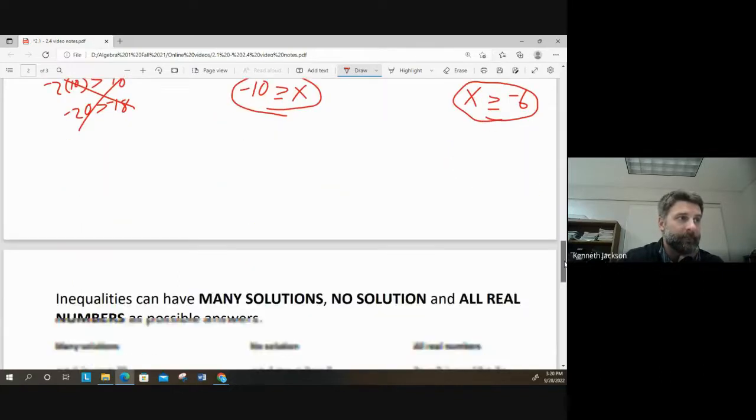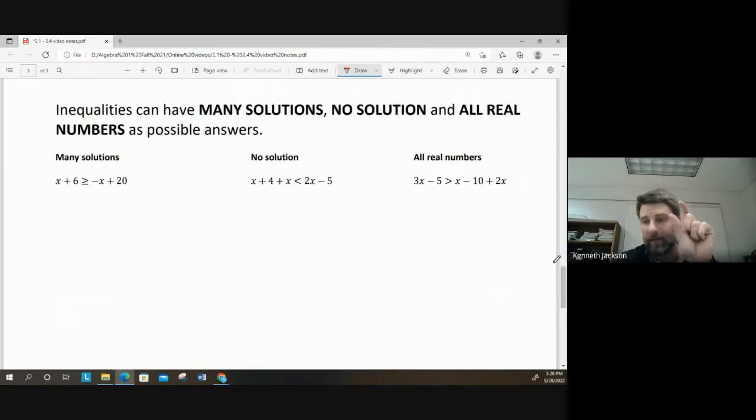Last thing. Again, this seems like a lot to put in, but a lot of it is carryover from chapter 1. So there's not too much new stuff other than the graphs and then the flipping of the sign. So just like with equations, we can have multiple solutions or different types of special case answers, which are no solution and all real numbers.